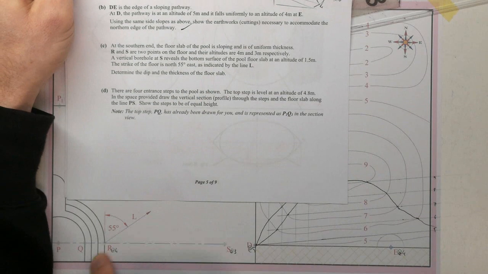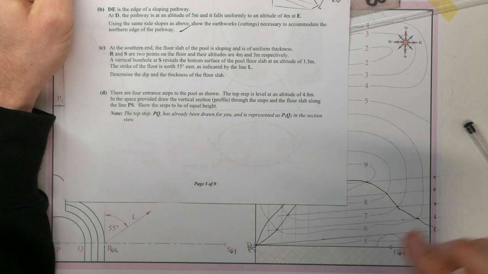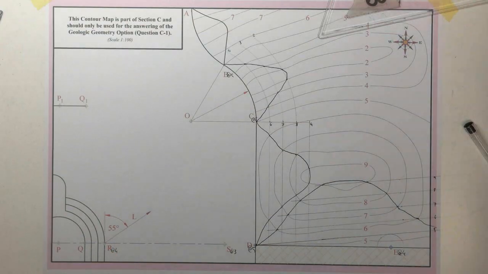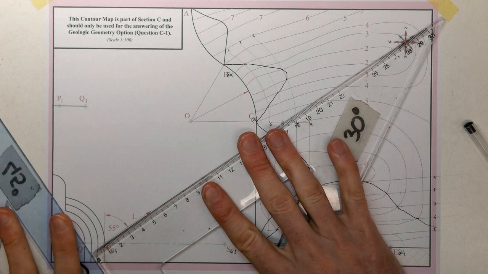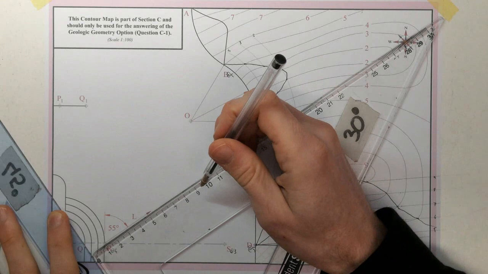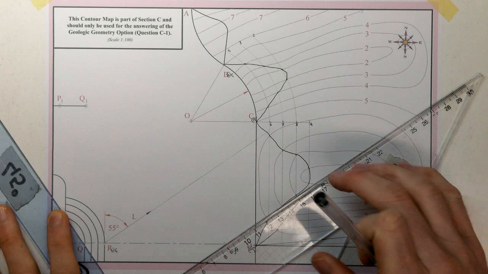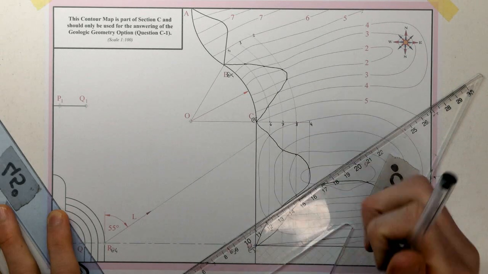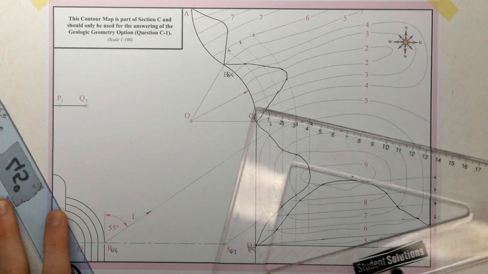So they've given us the strike line, so we want to project out there and find an edge view of RS. Let's start with set squares. 55 degrees, and just project out R and S. Okay, and this one.